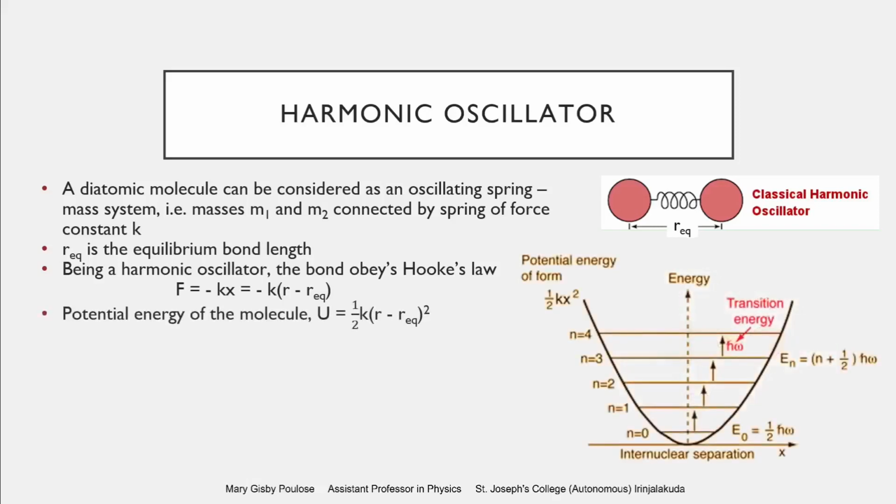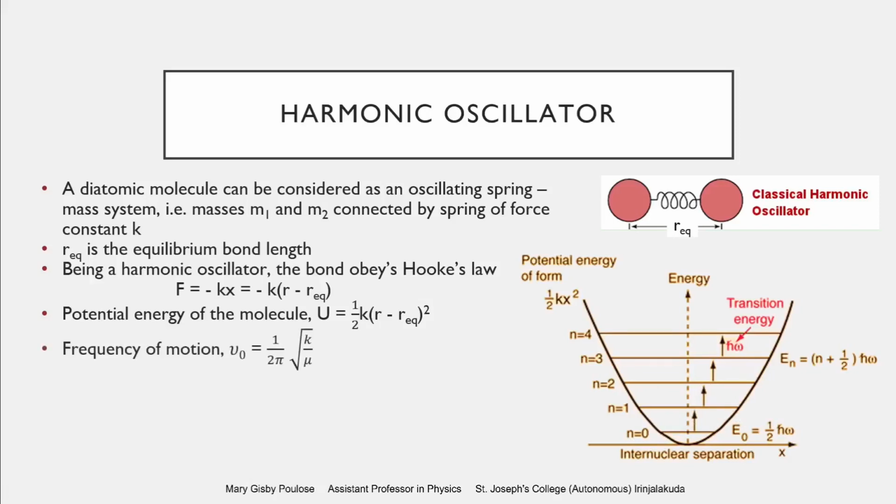The potential energy of the molecule is given by U equals half k (r minus Req) squared. And the curve obtained for potential energy is as shown here. Here the curve is represented as half kx squared, and instead of x we have r minus Req. And in this potential energy, the molecule can vibrate on these discrete energy levels.